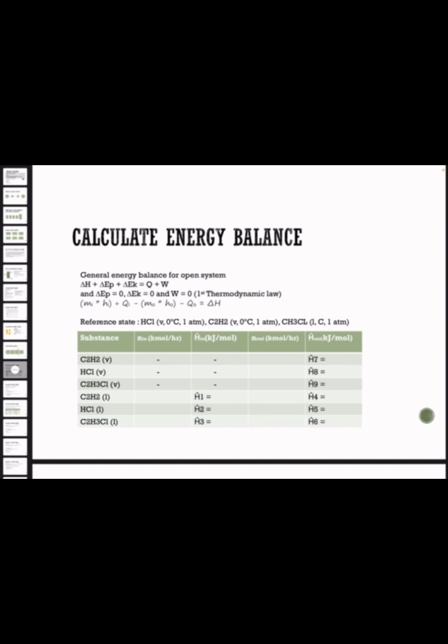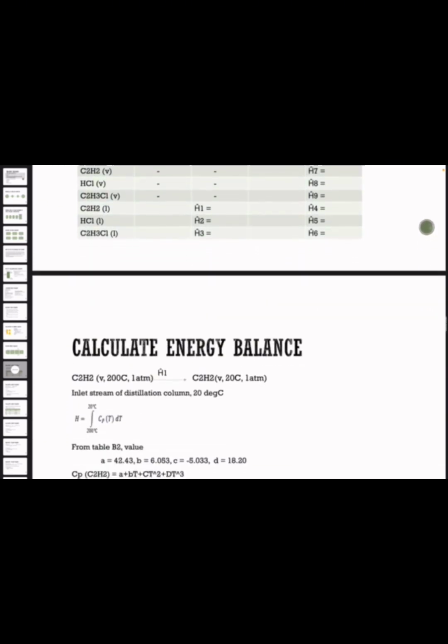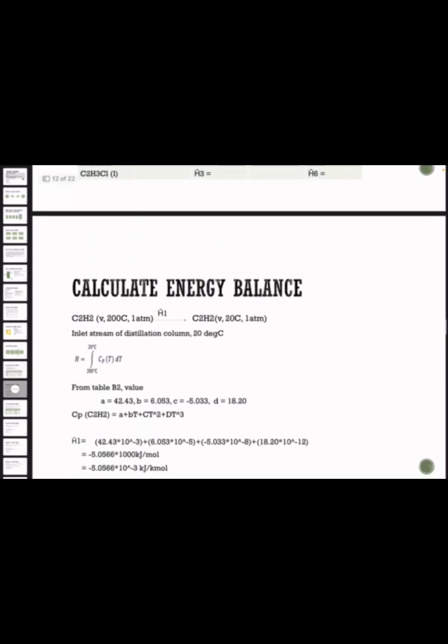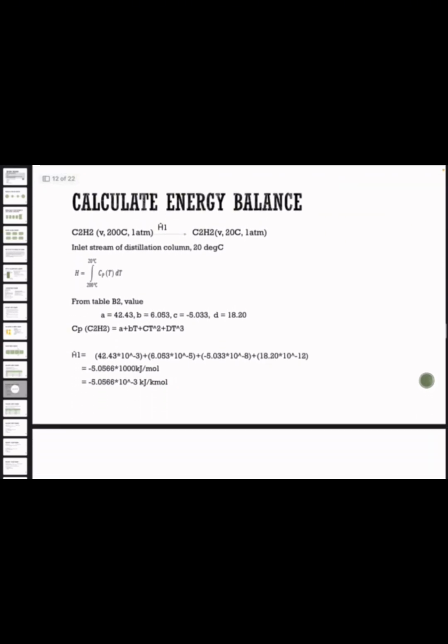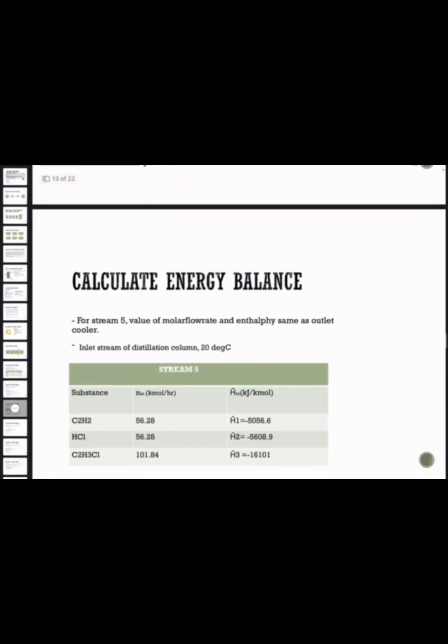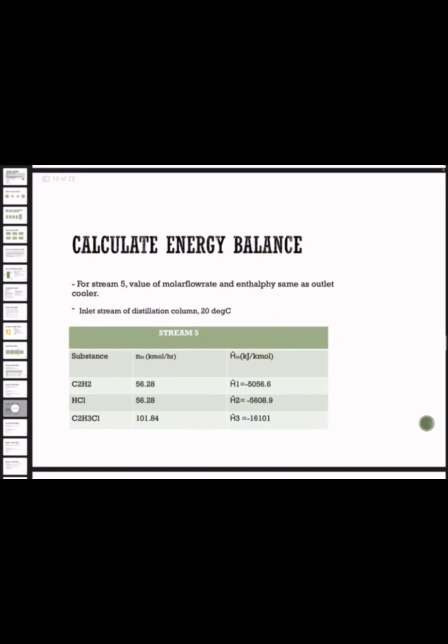So in the table there are two phases that I state. Calculate the energy balance for H1, H2 and H3. This one is in stream 5. The enthalpy is the same as the condenser outlet.